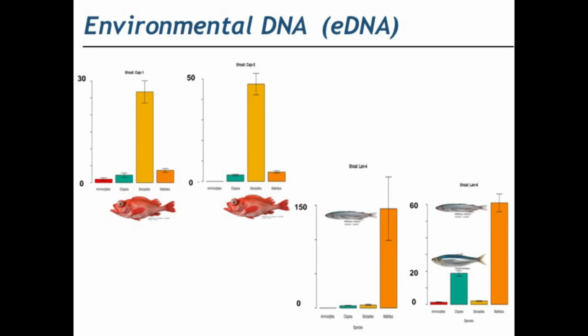We subtract that amount of DNA seen in the negatives from samples within the school to establish what the real signal is. For example, these things here would disappear when we subtract what was seen in the negatives, confirming that those are redfish schools. Whereas in this case here was a capelin school, and here we have a mixed school composed of herring and capelin. So that's very, very useful, and that allowed them to really validate and complement the work they've been doing with hydroacoustic.